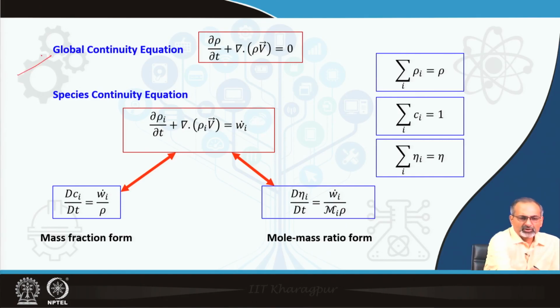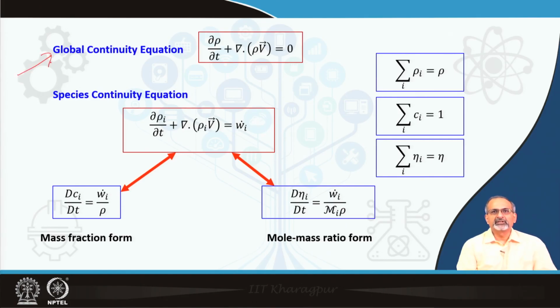Now, let us go back to the remaining conservation equations that we need to discuss. The global continuity equation, where we see the density of the mixture, which is of course coming from the sigma rho i term, and it is essentially linked with the species continuity equation, which we have looked at in detail already in this lecture.